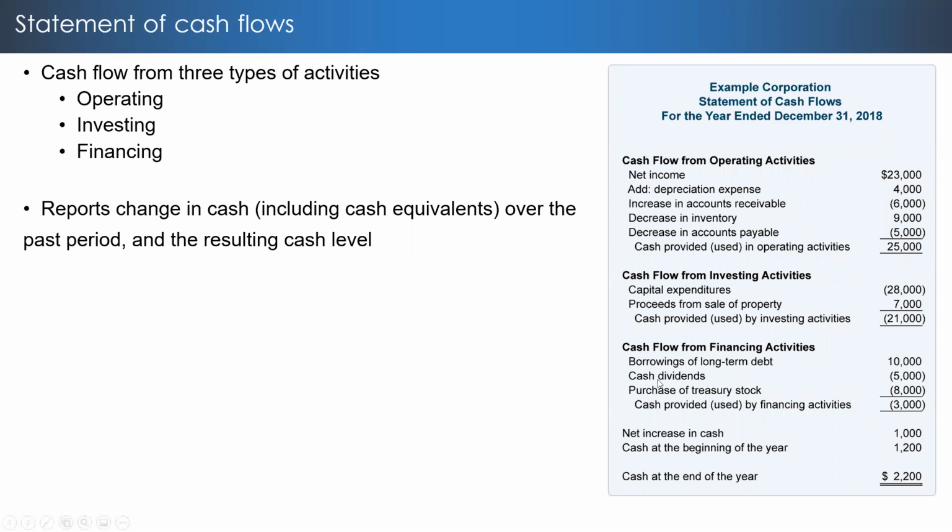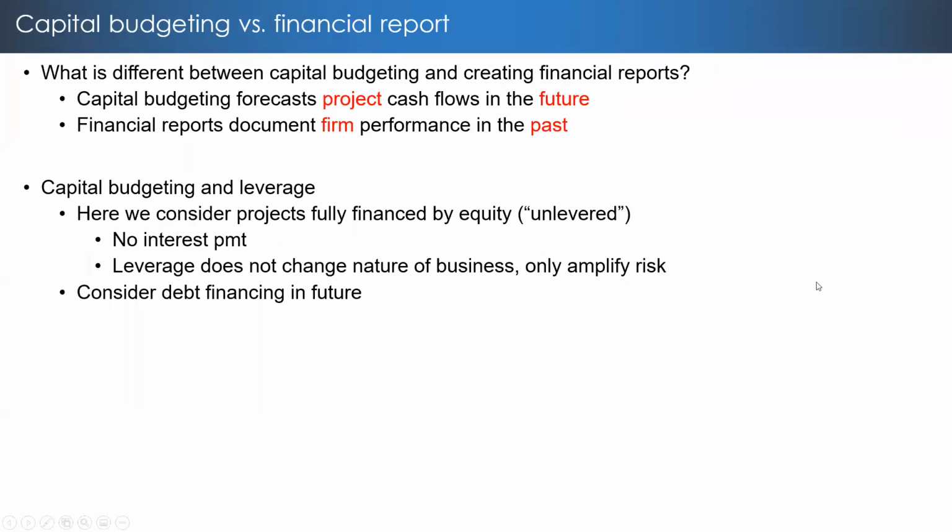And if the company issues new debt, it needs to adjust for the borrowing of longer term debt. And then we find the net increase or net decrease of the cash account at the end of the fiscal quarter. So this is what a statement of cash flow is about.